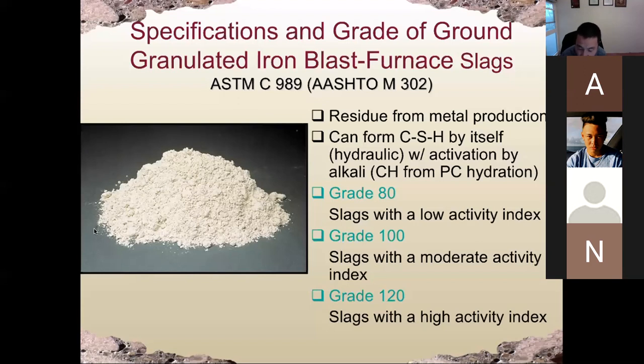Because of that, slag has hydraulic properties, which means it can form CSH by itself, but it needs some kind of activation by alkalis, such as calcium hydroxide from Portland cement hydration. So again, it has hydraulic property due to high calcium oxide percentage.